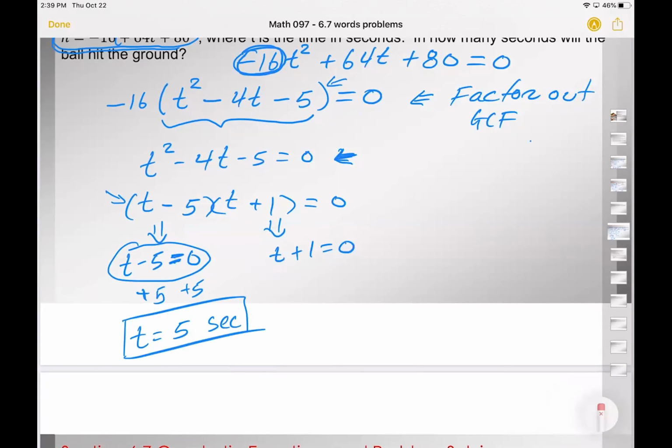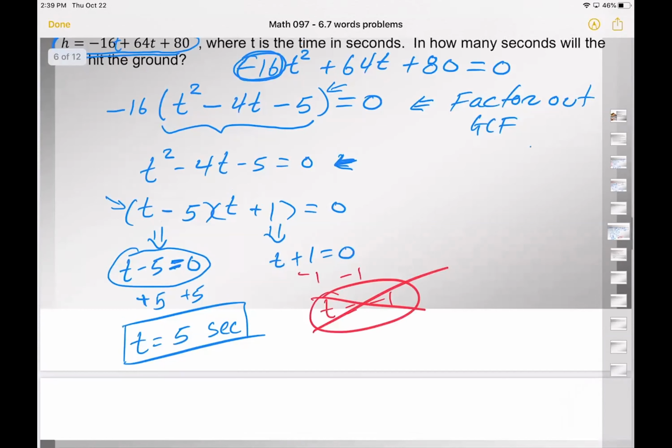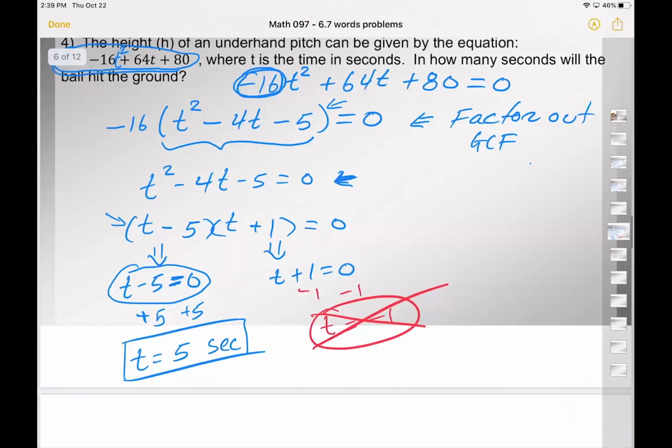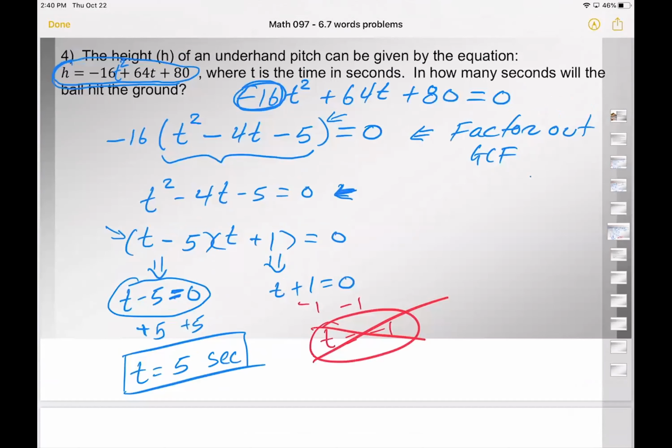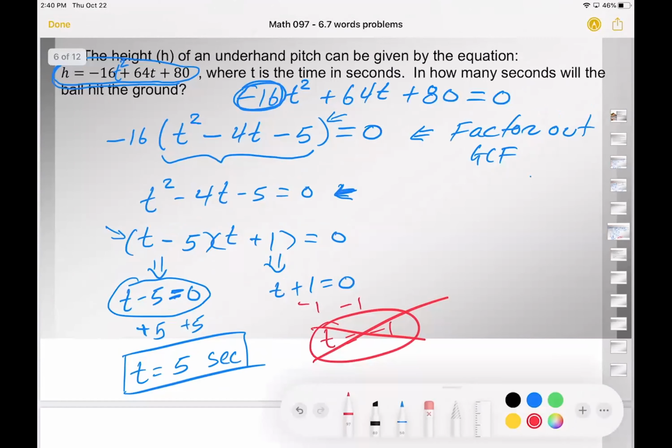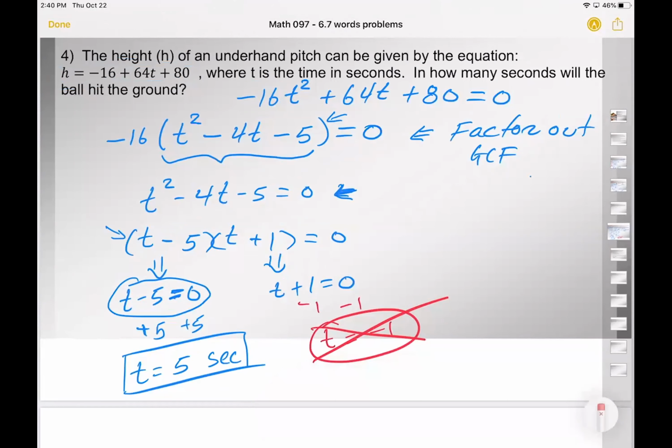And if we move the 1 over, that becomes a negative, and we cannot associate the time with a negative. So the underhand pitch will hit the ground after 5 seconds. Okay. So again, any questions with this particular problem, ladies and gentlemen, of where to start, how to start, and what is the answer we're looking for.